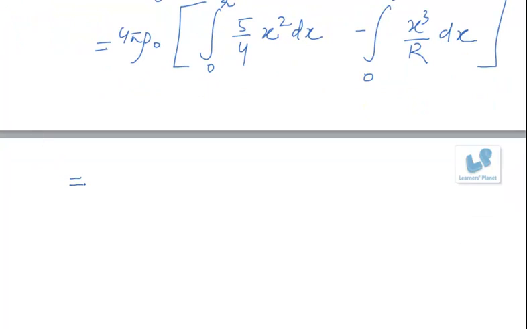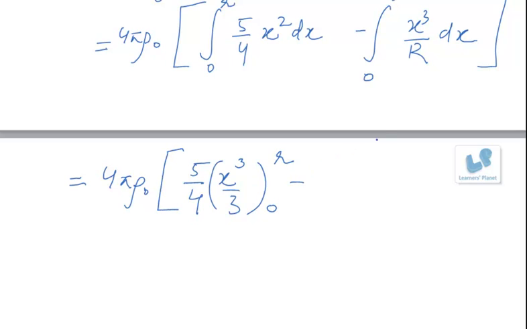Now this can be further written as 4 pi rho naught, 5/4 x square will become 5/4 x cube by 3, with limits 0 to r, minus this will become x to the power 4 by 4R with limits 0 to r.